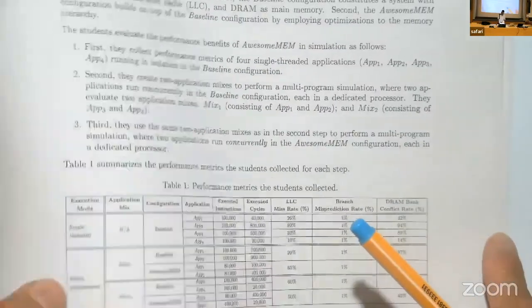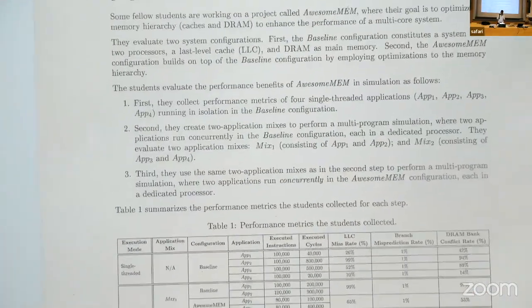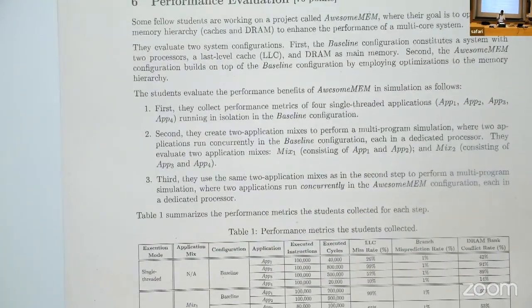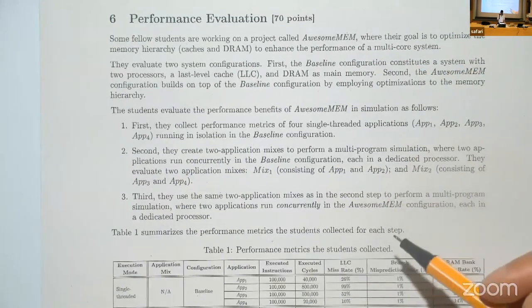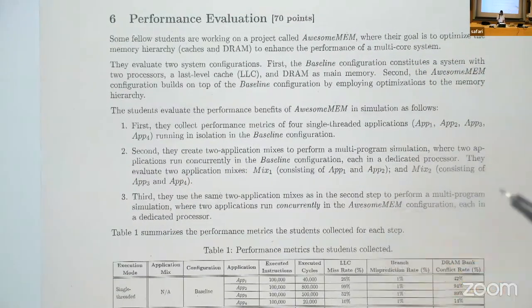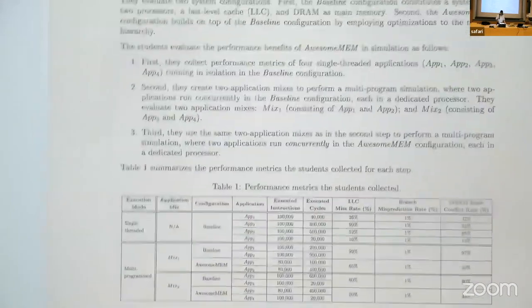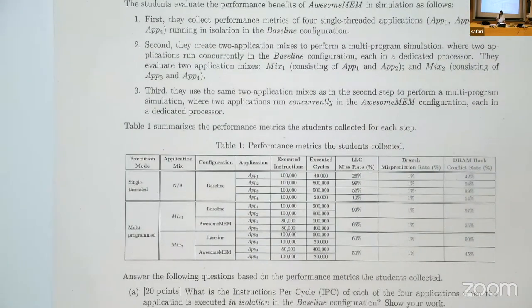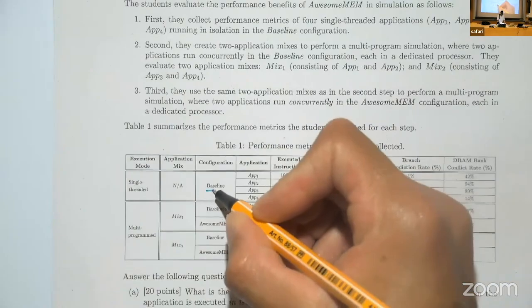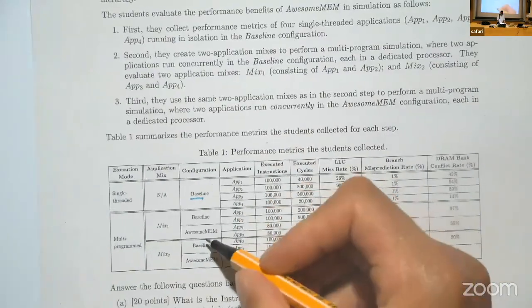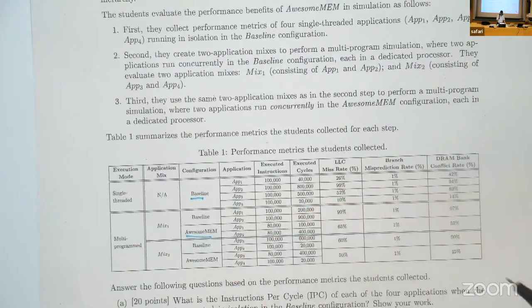So this is the classic performance evaluation question. In the introduction, it tells you that you are working on a project called Awesome Memory, where your goal is to optimize the memory hierarchy for a particular multi-core architecture. Basically, you are evaluating two different systems: the baseline system, and the Awesome Mem system.